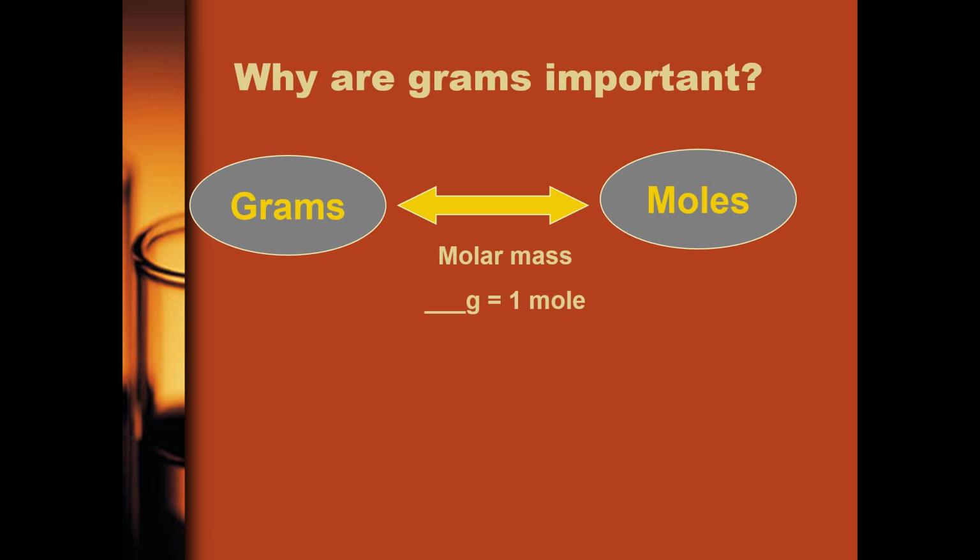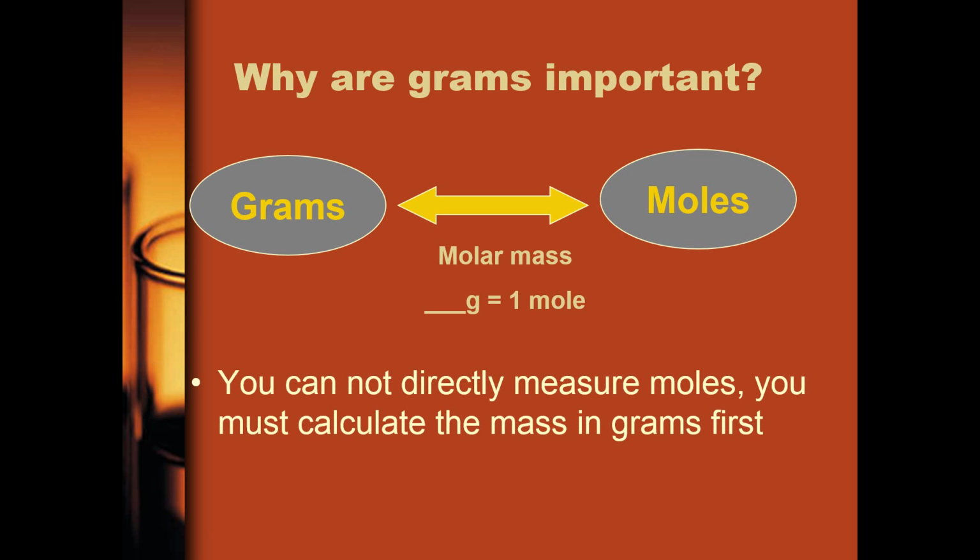We can't have a balance that has moles, so we have to do some side work, some conversions to help us convert to and from moles and grams. And just remember, molar mass can be determined by looking at your periodic table and adding up the masses of each of the individual elements. We will see lots of problems related to this concept, but just remember, anytime you see grams, a red flag goes up.